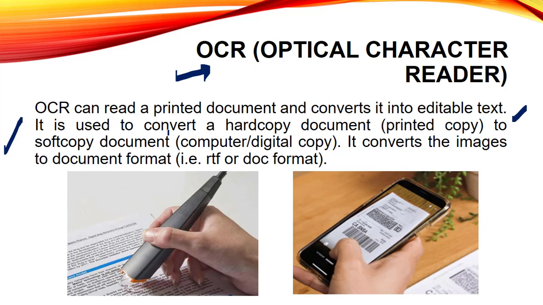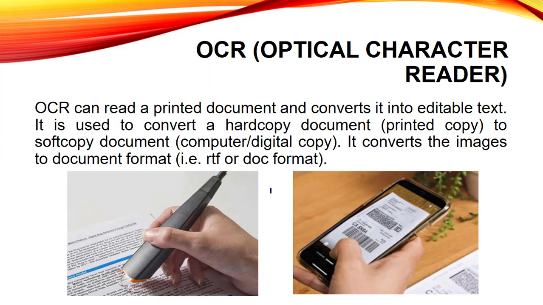It is used to convert hard copy document or printed copy to soft copy document, that is computer copy or digital copy. It converts the images to document format. Fine. And it will convert your image formats to RTF or doc format. This RTF is a format of our WordPad file, whereas doc is a format of our document or MS Word file.